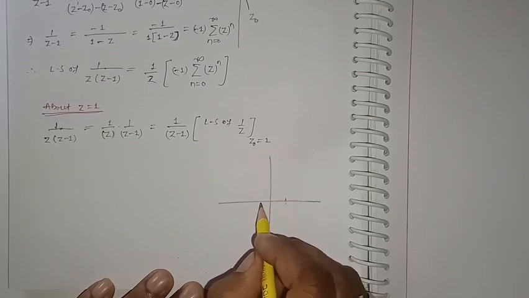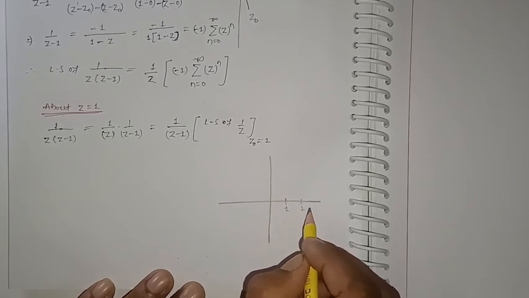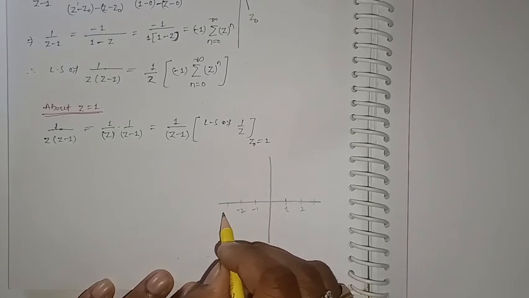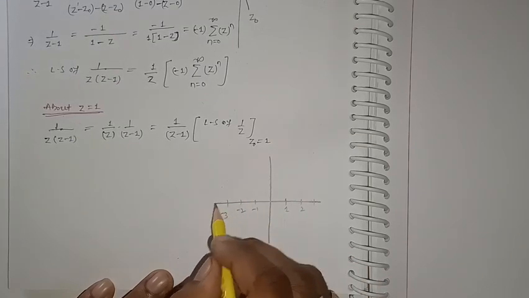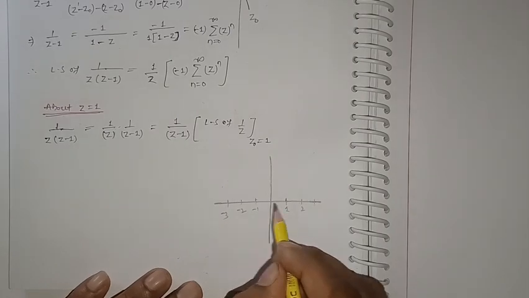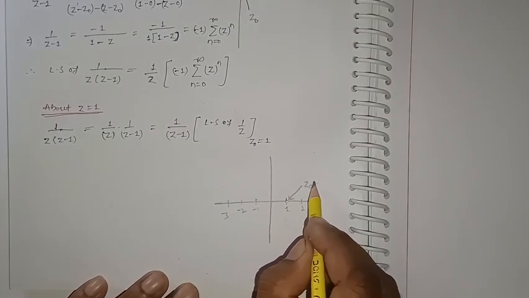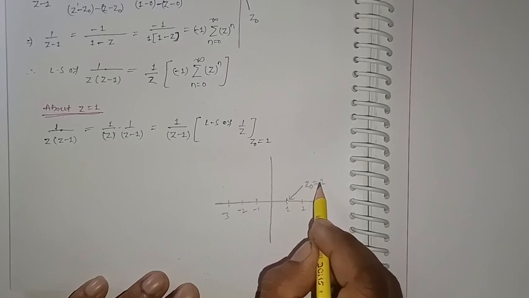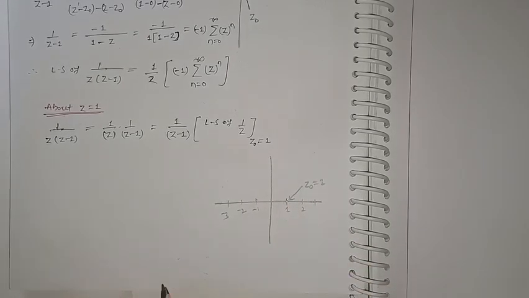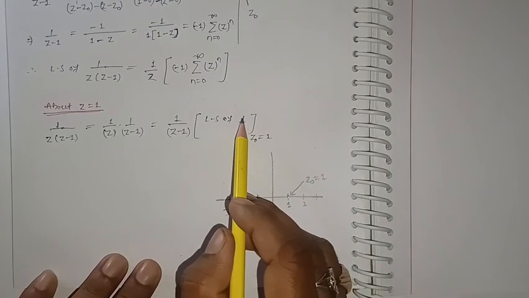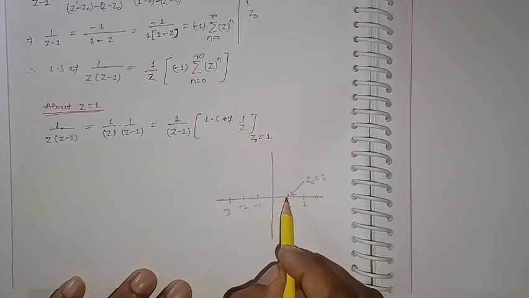So this is 1, 2, 3 and so on, -1, -2, -3 and so on. So z0 here is z0 equal to 1, right? Z0 equal to 1 is given, and about this point we have to find the Laurent series. Now 1 by z is going to spread from this point.